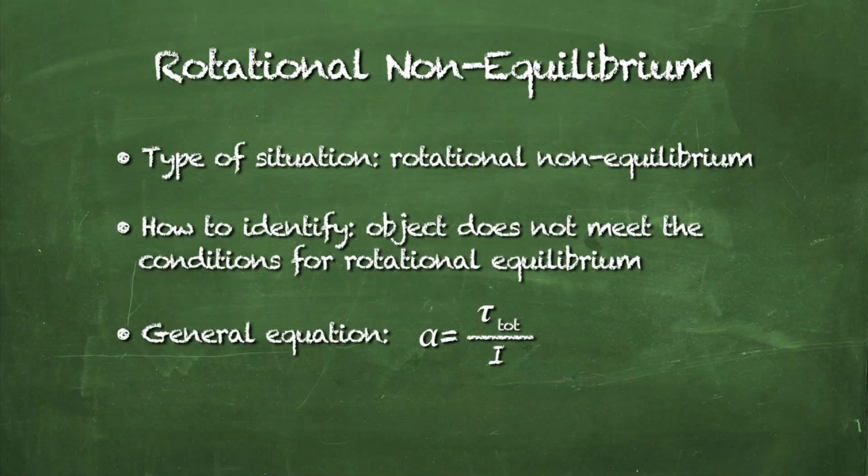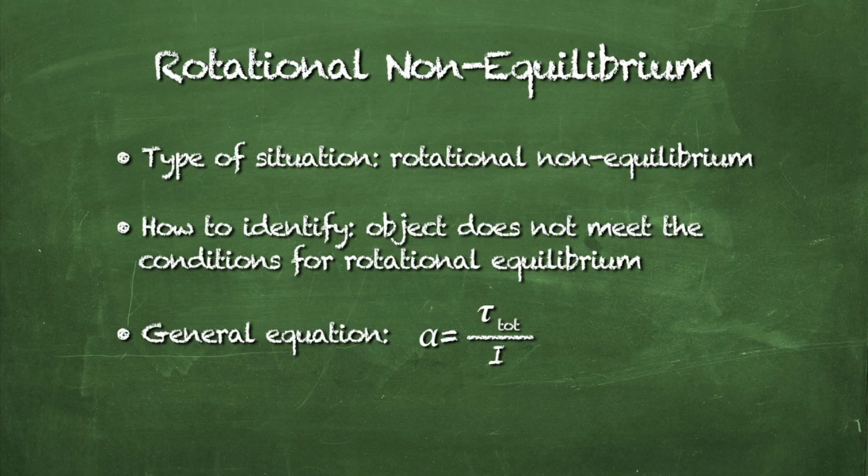When we have rotational non-equilibrium, which means that an object doesn't meet the conditions for rotational equilibrium. Remember that rotational equilibrium is that an object is not rotating and stays not rotating, or it rotates at constant angular velocity.